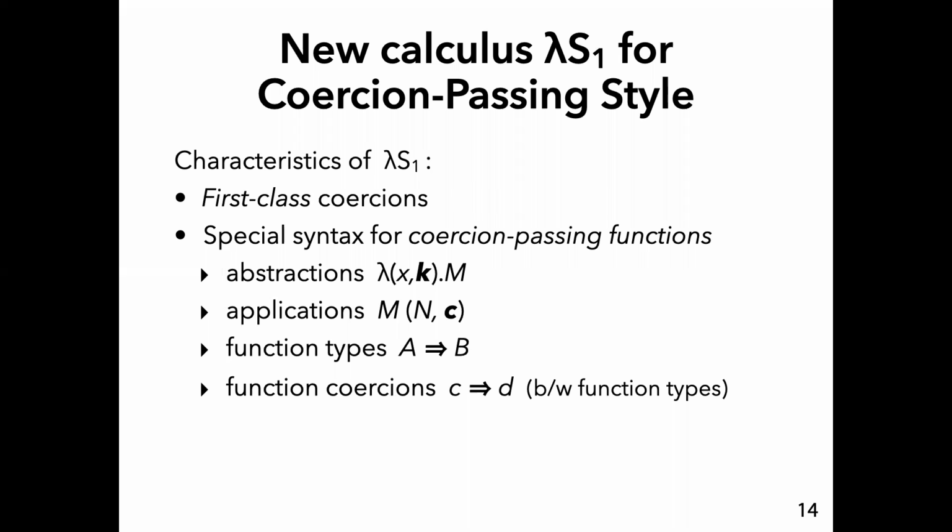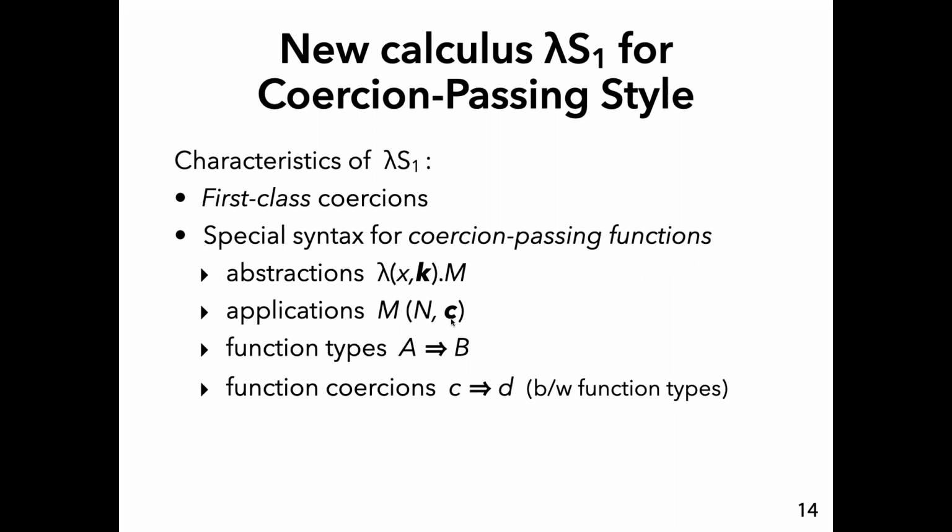Lambda S1 has special constructors for functions in Coercion-Passing Style. A function takes in an additional coercion parameter k. We also need to pass an additional coercion argument to a function.